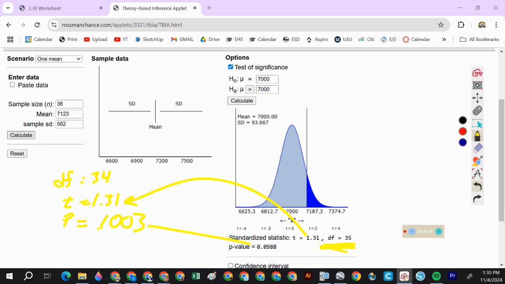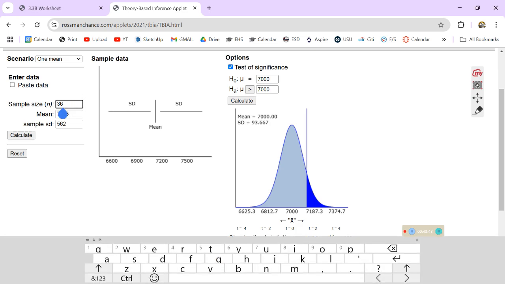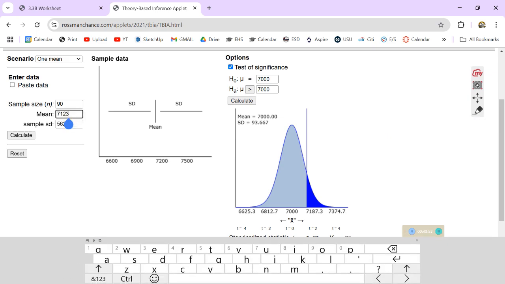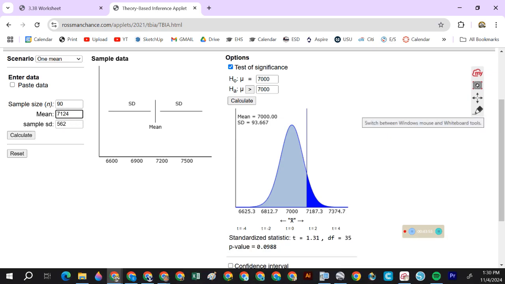So, number 30. If we increase our sample size to 90 days and we get the same sample average and standard deviation, is that evidence against the null? So let's change this to 90.